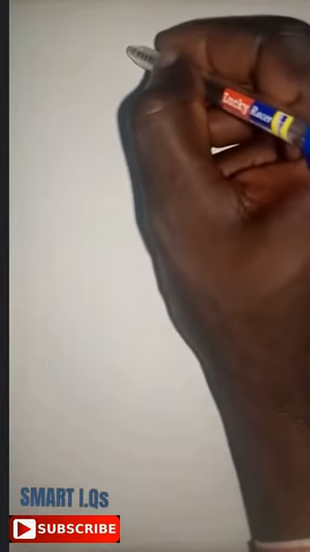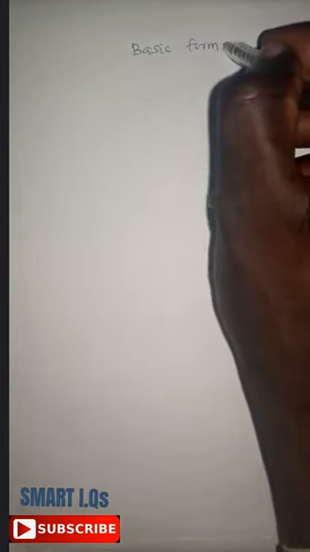So the basic forms of surds. When we talk about the basic form of surds, we are simply saying how you can get a factor out of a rational number that is in the square root.